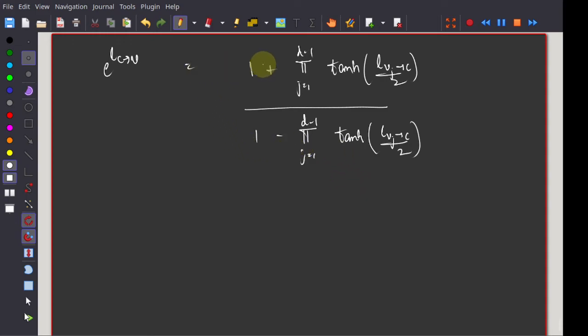Okay, so let's look at the right hand side now. The right hand side is of the form 1 plus alpha by 1 minus alpha. Call the left hand side beta.